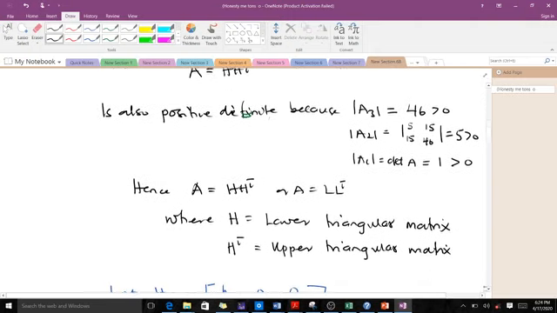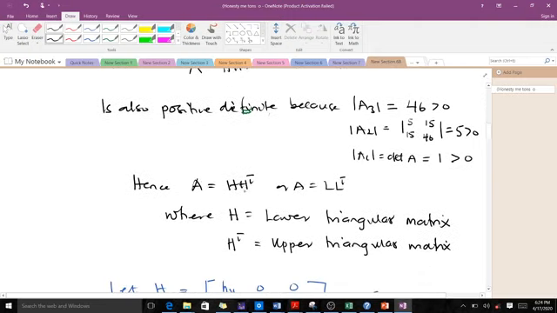What the Cholesky method does is that our matrix A is factorized into a product of a lower triangular matrix and its transpose. We can call it H H transpose or L L transpose, where L is the lower triangular matrix and the transpose of it is the upper triangular matrix.